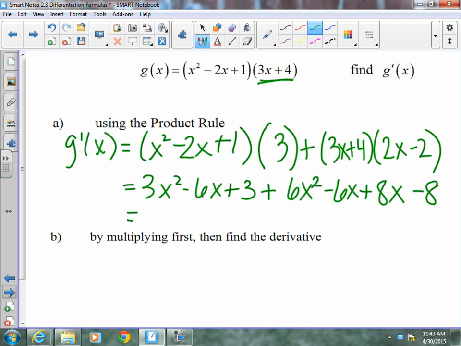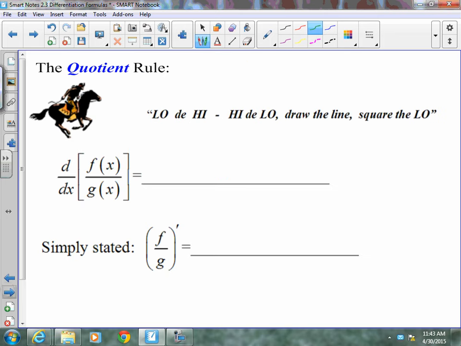And when we simplify that, we get 9x squared minus 4x minus 5. Pause the video, try FOILing first and then deriving, see if you get the same answer. If you were not able to get the same answer, come with questions to class tomorrow.